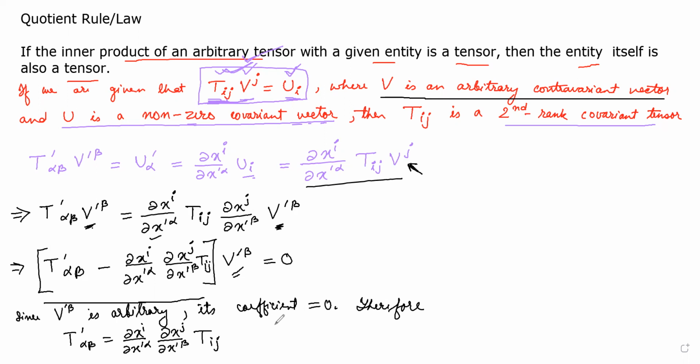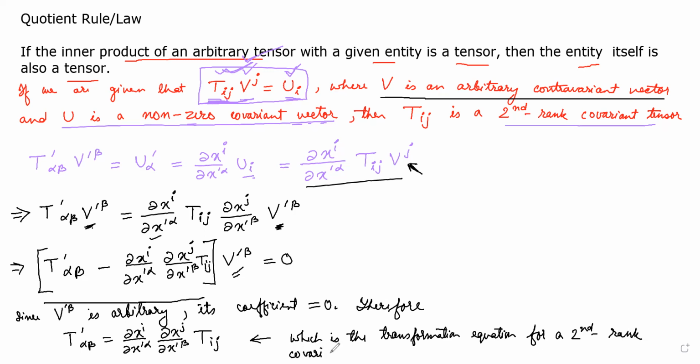Now, if you look closely, this is nothing but the transformation equation for a second rank covariant tensor.